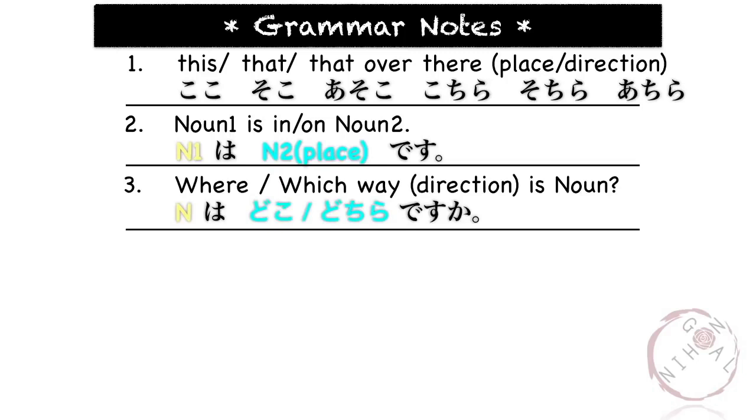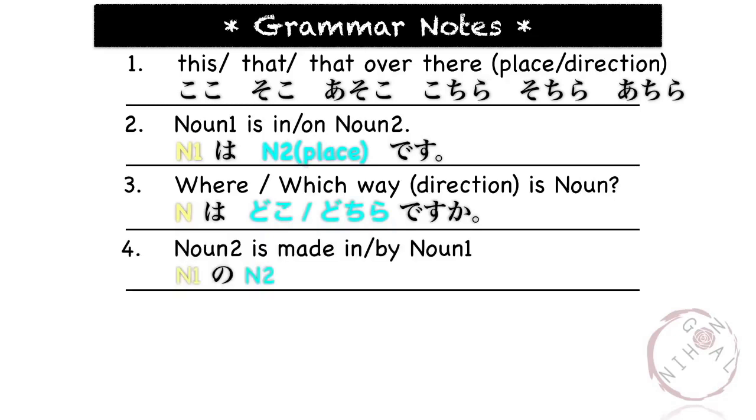Okay, we also learned how to ask the question, where is noun, or which way is something. En wa doko desu ka? En wa dochira desu ka? Next, N1 no N2, or N2 is made in or by noun 1.